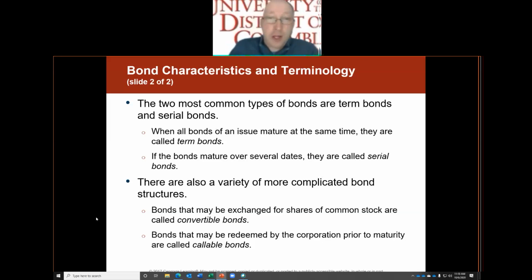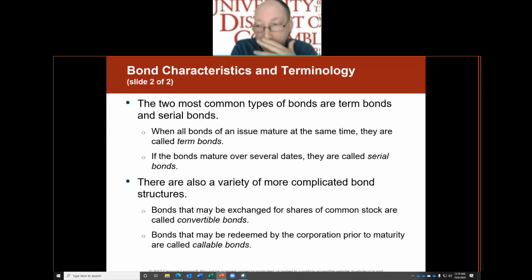Okay, so let's talk about some characteristics of a bond and the different types of bond. There are two common types of bonds. One is called a term bond. A term bond is when all of the bonds collectively mature at the same time.